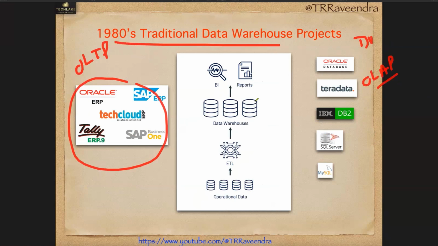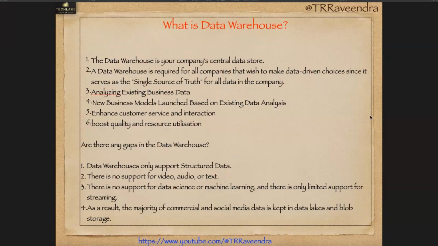But when we look at these databases, the warehouse will have historical data, mainly a single source of truth. The entire organization's data will be in one place, a central data store for the whole company, a single source of truth.